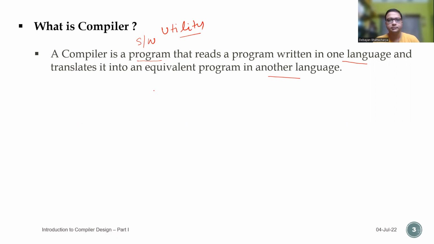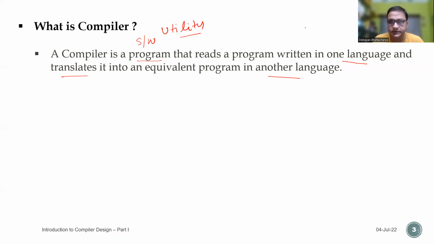Why? Because a compiler basically helps us to operate our system, meaning the hardware part or the operating system, smoothly. The compiler acts as a translator. And what is the task of a compiler? To convert one language into another language. What is the meaning of one language and another language?